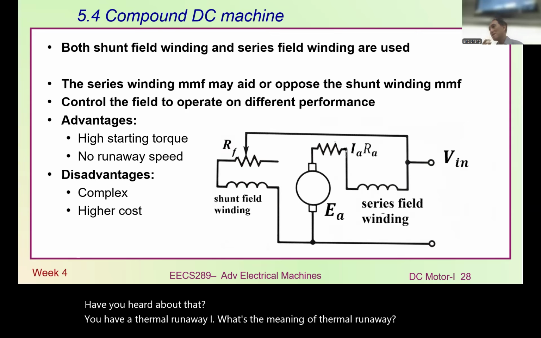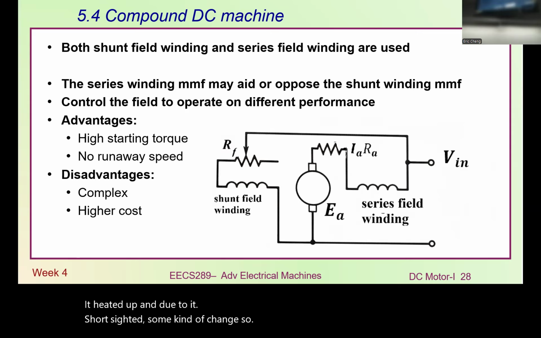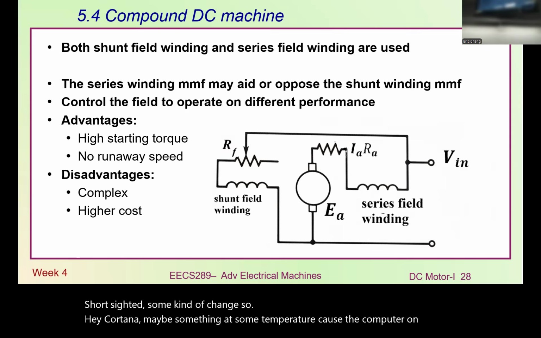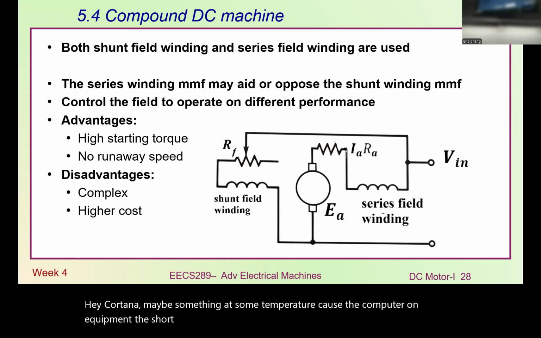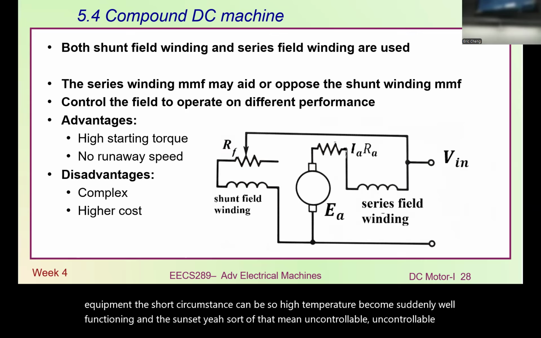When it heats up, due to a short circuit, some kind of thing. Anyway, thermal runaway means suddenly some temperature causes the component or equipment to short circuit, chaos. Such high temperature suddenly causes malfunctioning, then disaster, sort of. It means uncontrollable temperature, uncontrollable runaway.